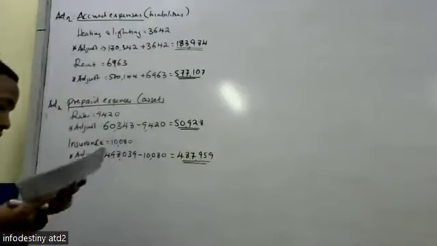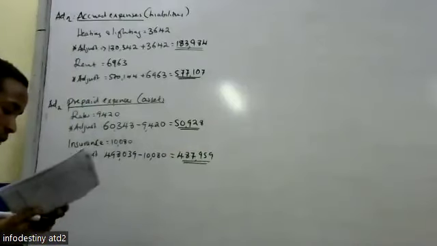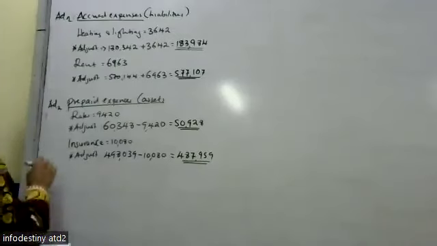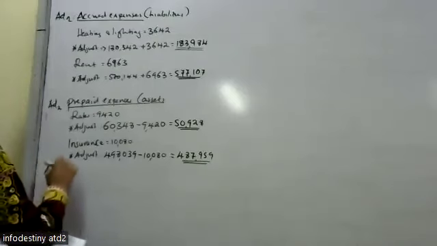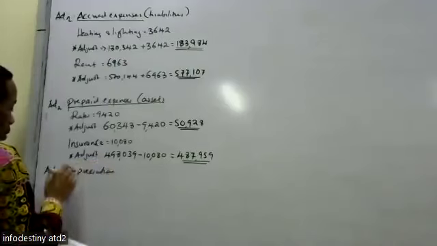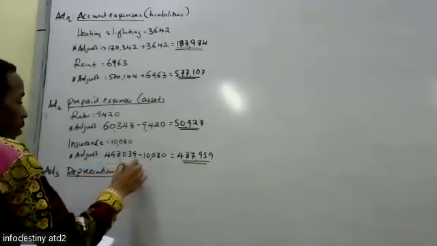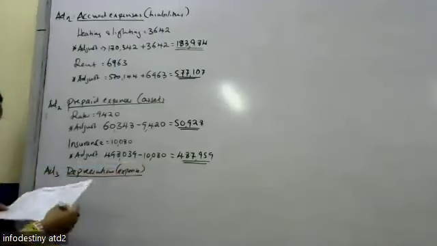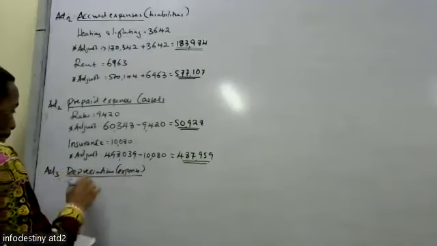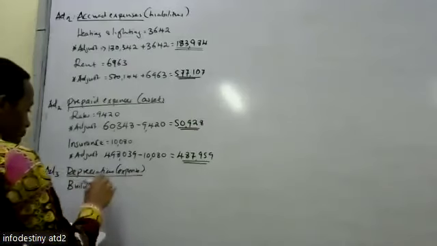Information number 3, we have depreciation and respective allocation is provided as follows. Depreciation is always an expense. The first one is building. For building, we are told it is 2% at cost.